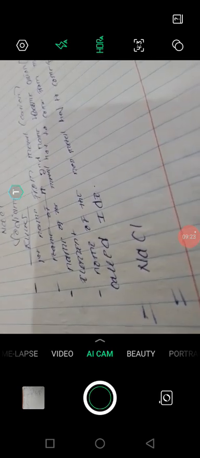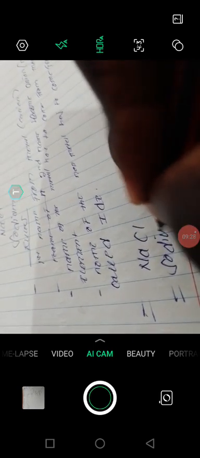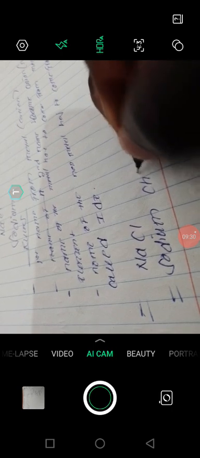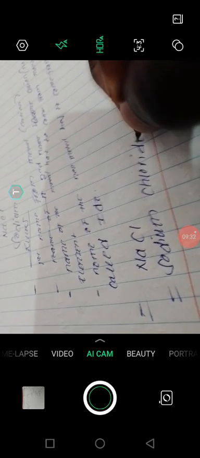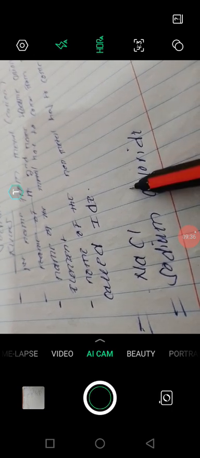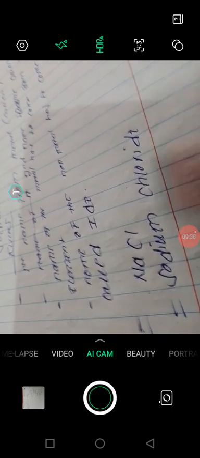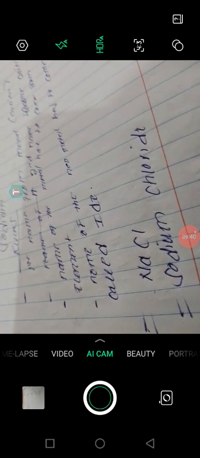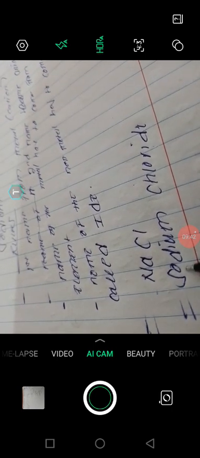In this case, the name is sodium chloride, right? And if you see properly, this is a chemical formula, so this is the name of itself.